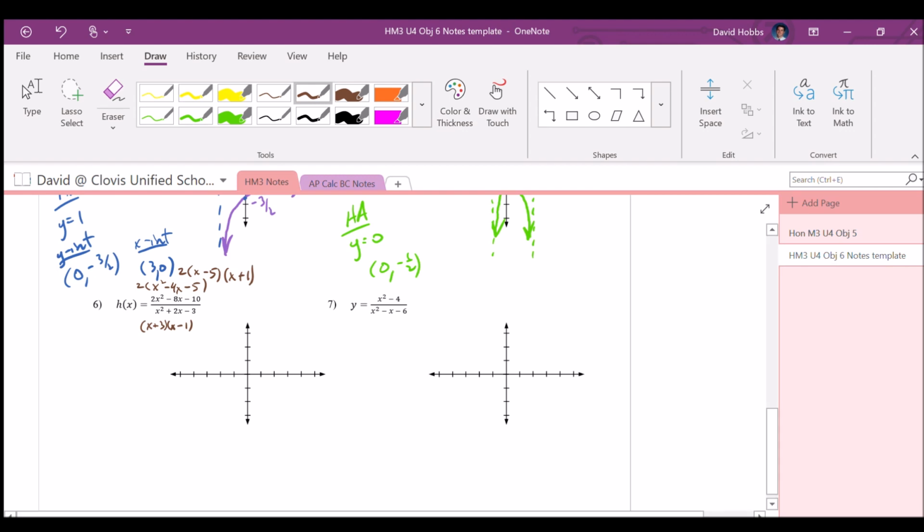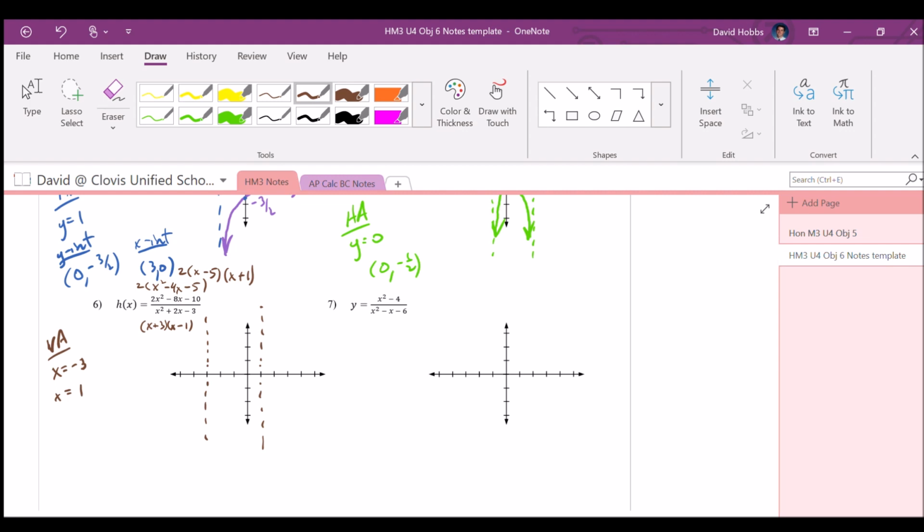Okay, so does anything reduce? No, nothing reduces. So there are 2 zeros in the denominator, negative 3 and positive 1, so x equals negative 3, x equals positive 1. So negative 3, positive 1. Okay, if we take the limit as x goes to infinity, it's 2.